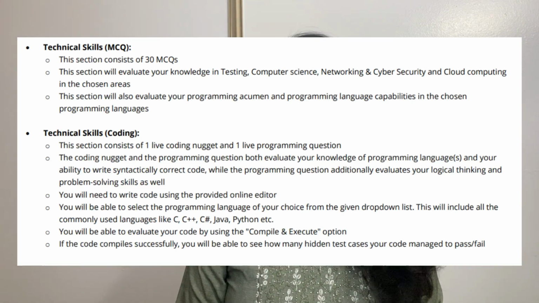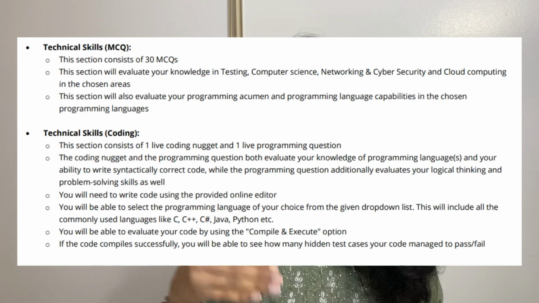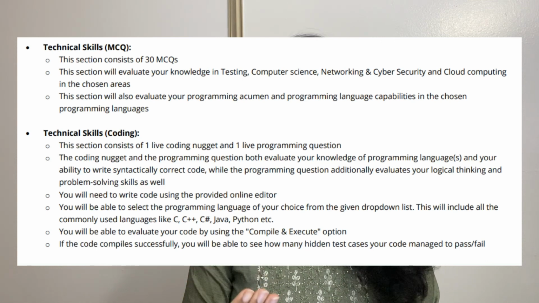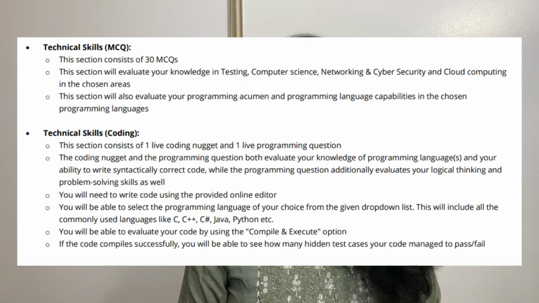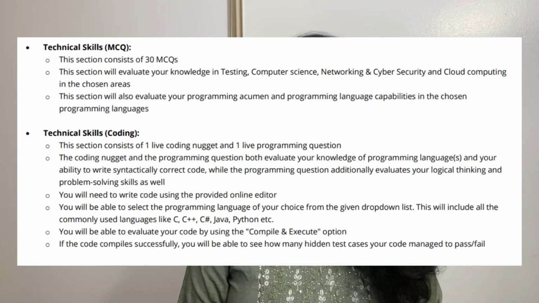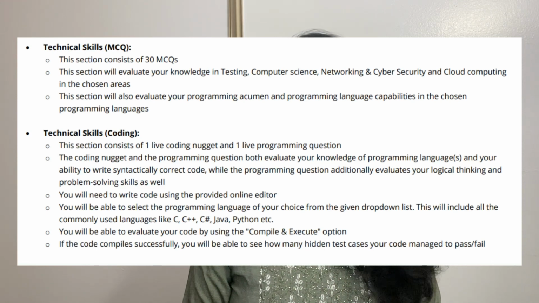You will be able to evaluate your code by using compile and execution. By compiling, you can understand whether you have written the code right or not, whether it has errors or not. If the code compiles successfully, you will be able to see how many hidden test cases your code managed to pass.